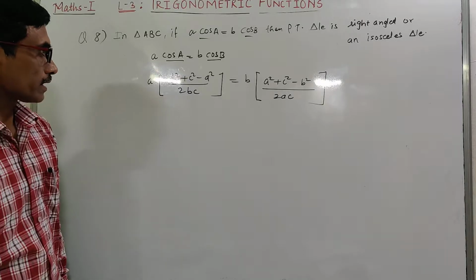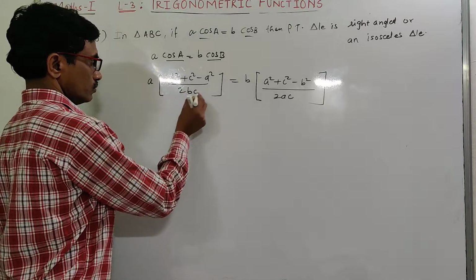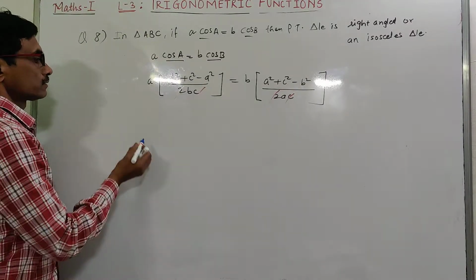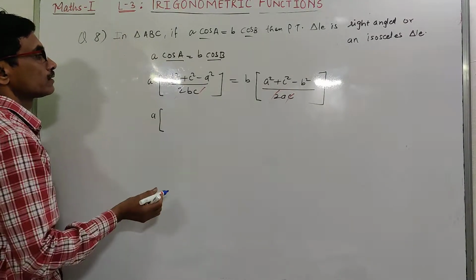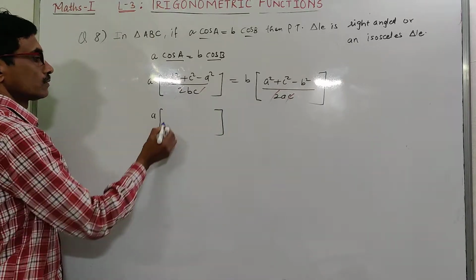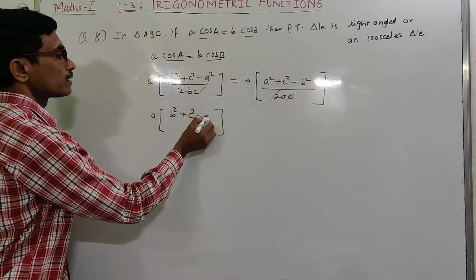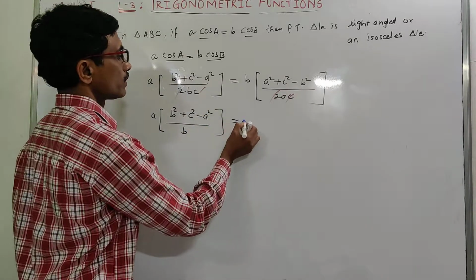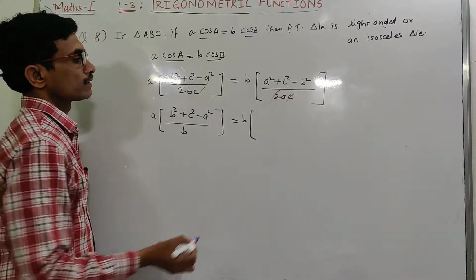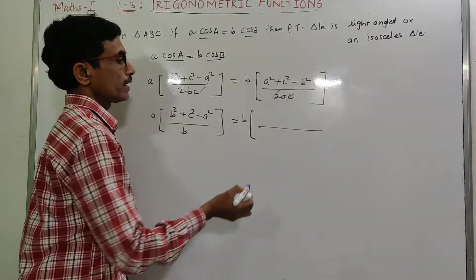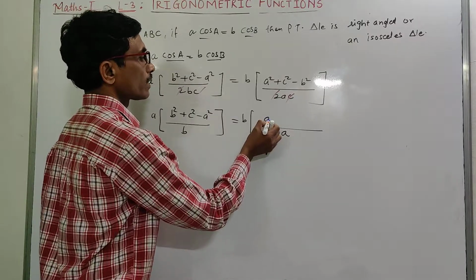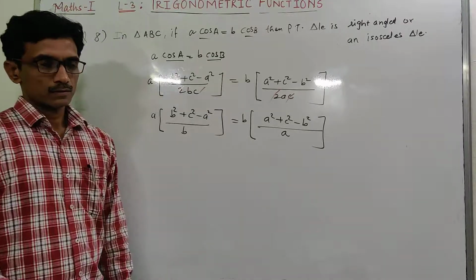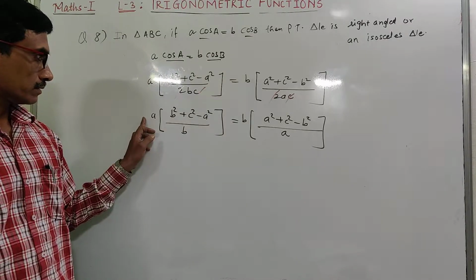What is getting cancelled? 2c and 2c is getting cancelled. Then write as it is, a into (b square plus c square minus a square) upon b is equal to b into, here denominator is a, (a square plus c square minus b square). So we'll be taking cross multiplication.